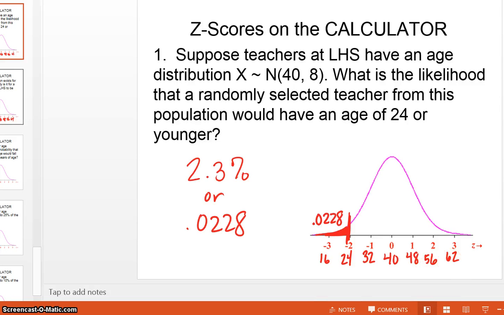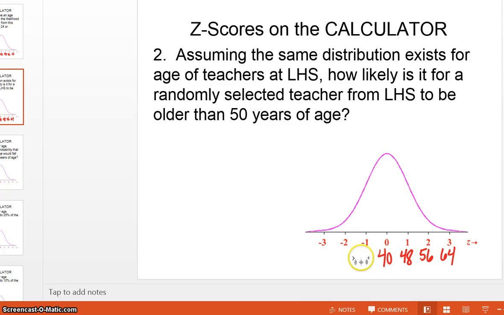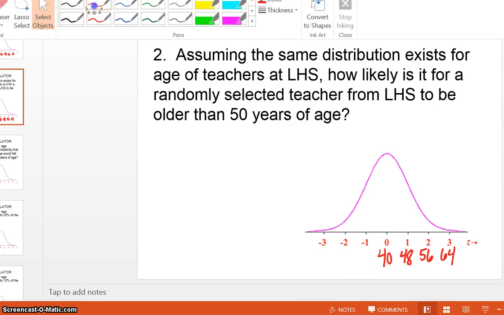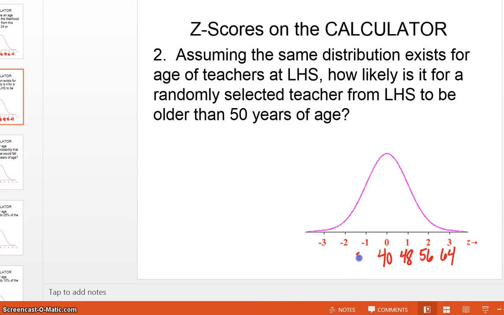Yes, I did. Sorry about that. Going the other direction, we are at 32, 24, now I'm all nervous, I'm going to make a mistake, and 16. Okay, so now we want to know how likely it is for someone to be 50 or older. Okay, so that is here at a Z-score of 1 point something-ish, 50 or older.